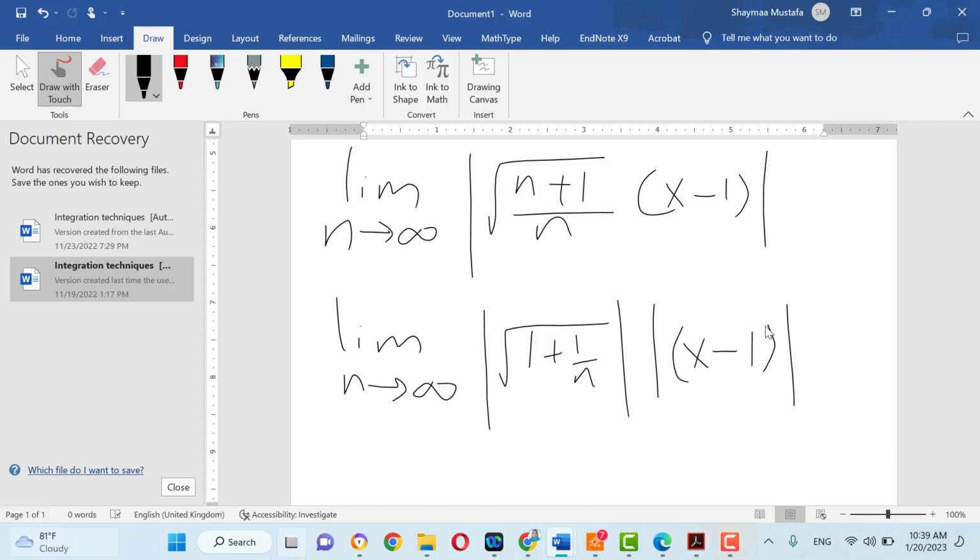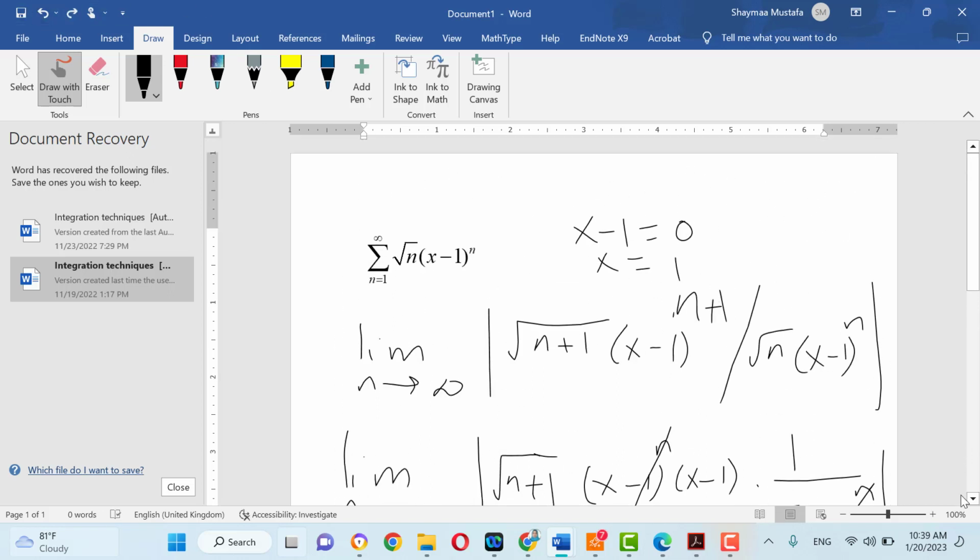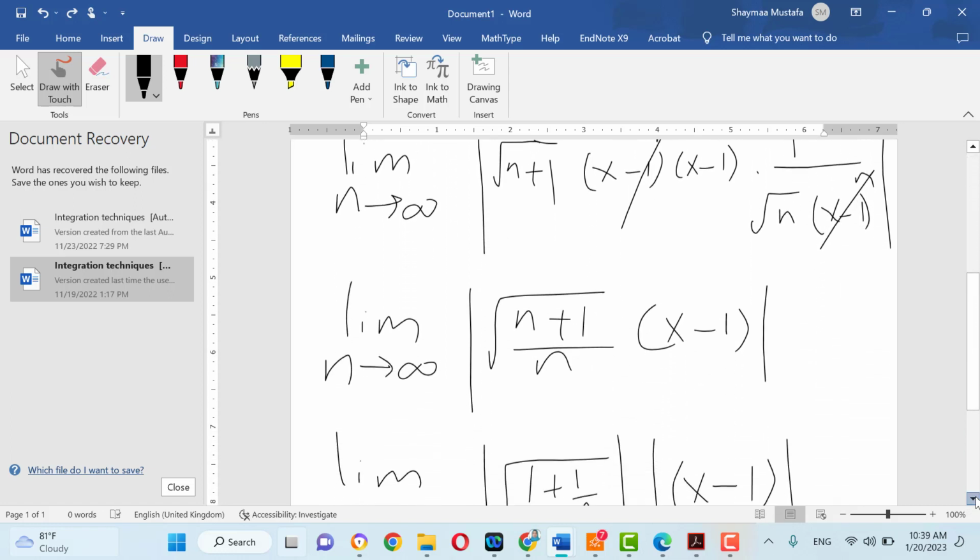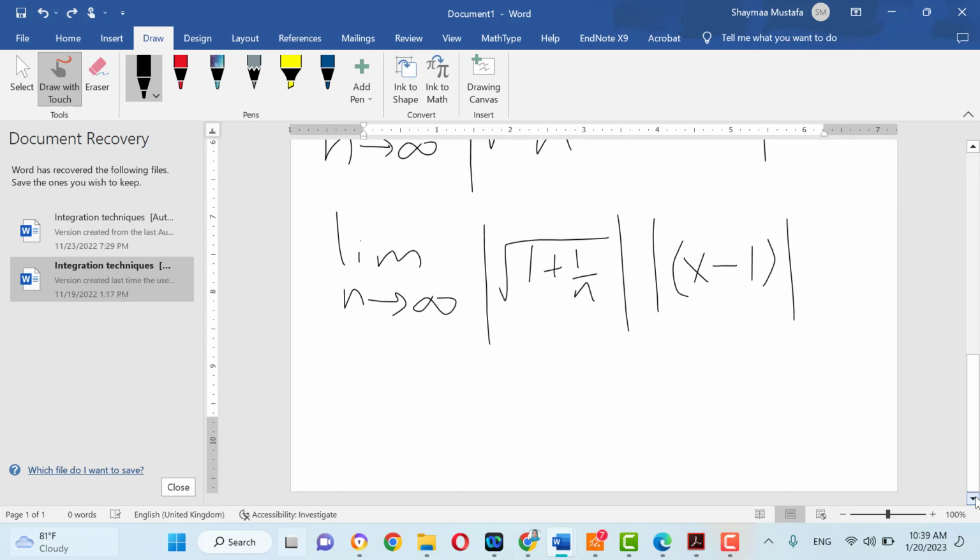Now, by direct substitution with n equal to infinity, 1 over infinity is 0, so the square root of 1 is 1. And then you have the limit equal to the absolute value of x minus 1.